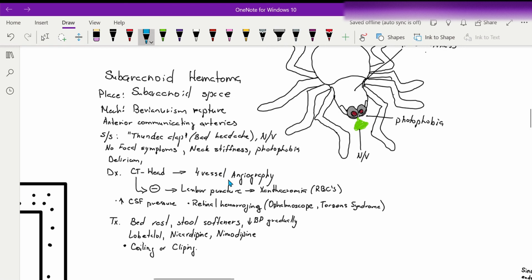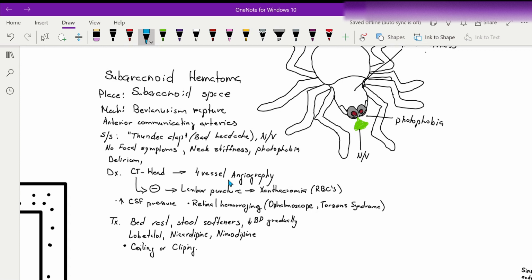Mechanism: berry aneurysm rupture and anterior communicating artery rupture. Signs and symptoms: well, these people experience an excruciating headache, the worst headache they have ever felt, and it can also be called thunderclap.